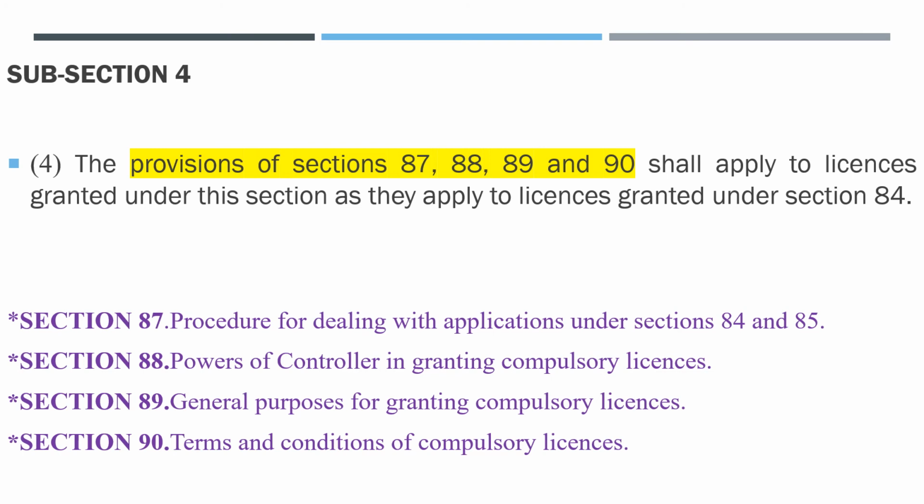Section 90, whose title is Terms and Conditions of Compulsory Licenses. That's all, friends. So this way all the subsections of section 91 are completed. So please go through each and every subsection. Try to grasp the essence of these subsections, and you can refer to the Act directly as well.